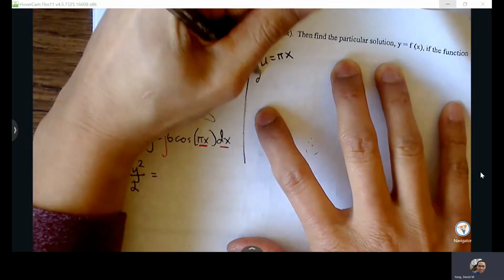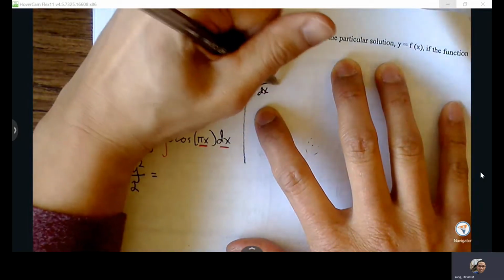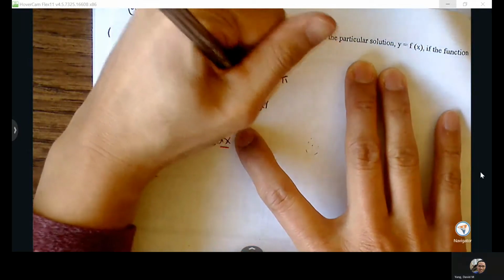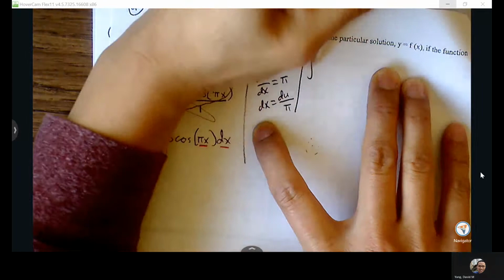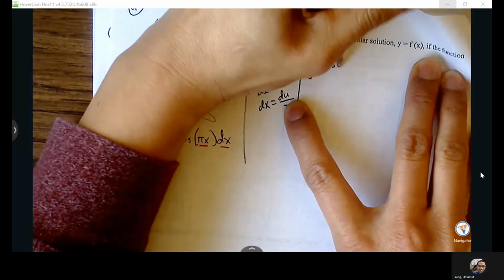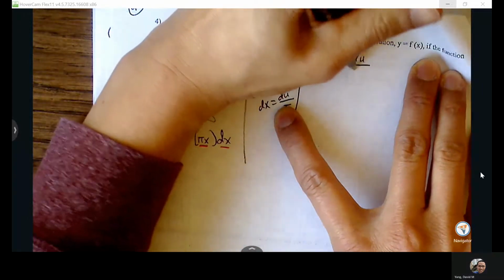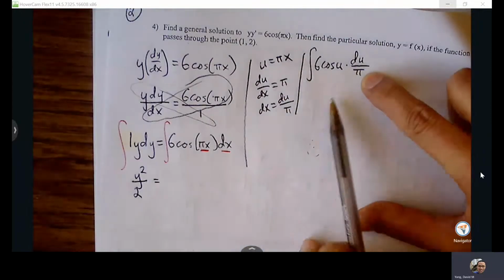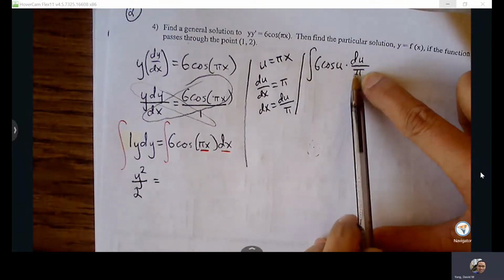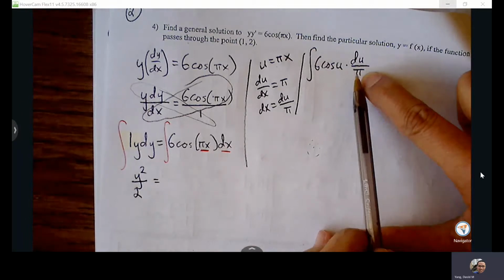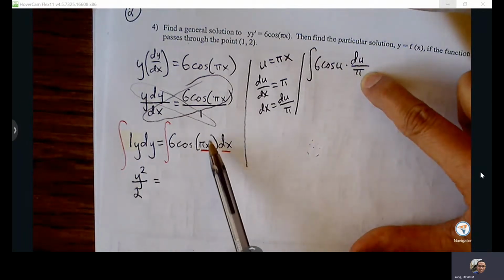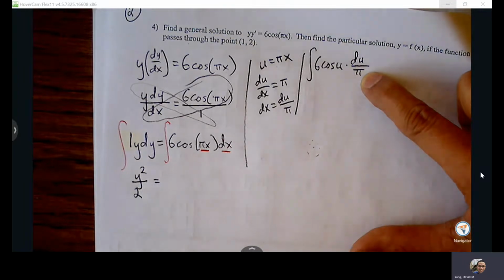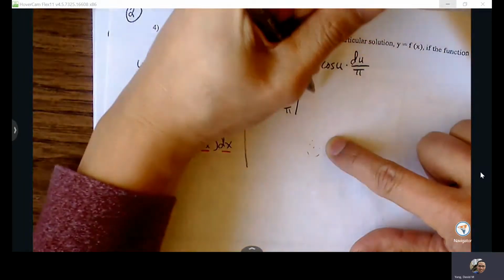But let me show you the full step here. You see that pi is going to show up, but it's going to show up in the denominator. So if you're comfortable with that step, just know that cosine becomes sine, pi x will produce a pi, but in the denominator because it's going to be a reciprocal.